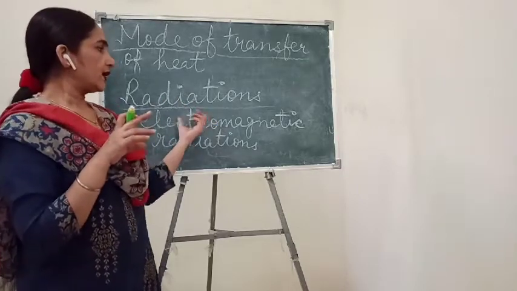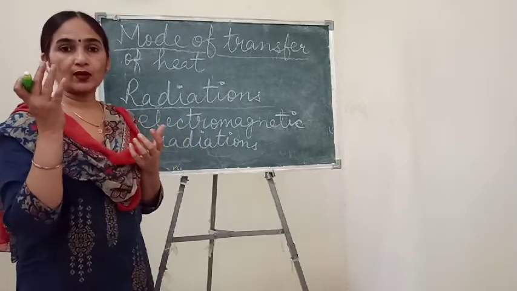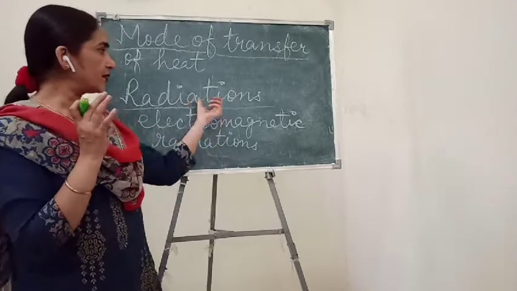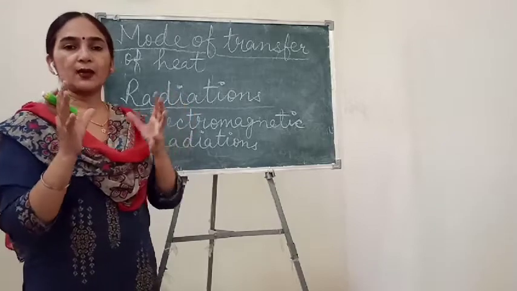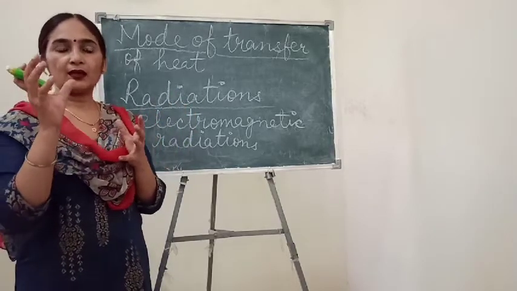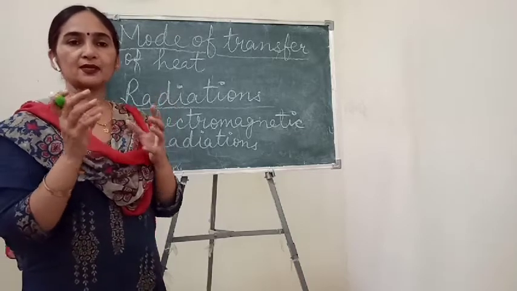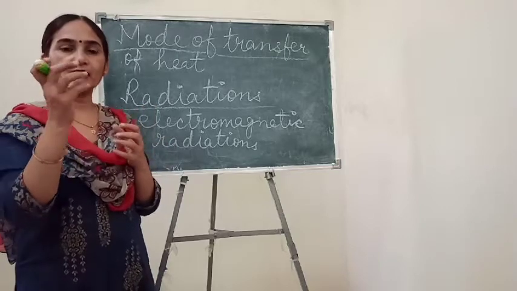Radiation can work in the case of our cooking utensils also. How? Because these heat radiations or light radiations are absorbed by dark materials. Dark colors are good absorbers, they take in more heat.